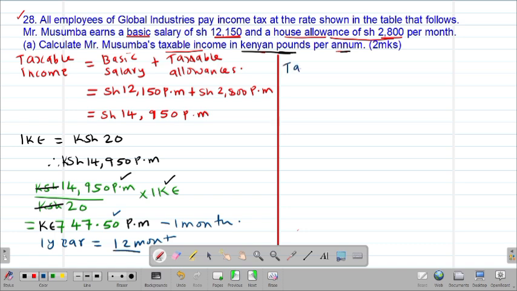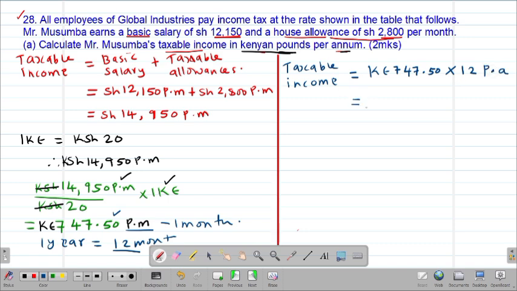So the taxable income will be equal to the Kenyan pounds of 747 and 50 cents, multiplied by 12. When you multiply by 12, it ceases to be per month and becomes per year or per annum.